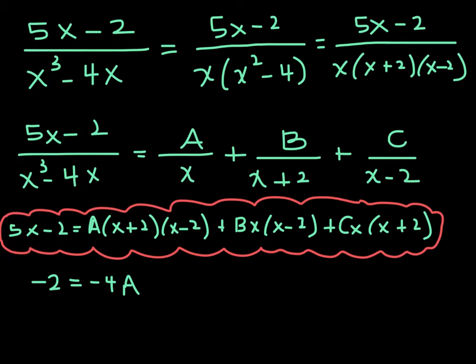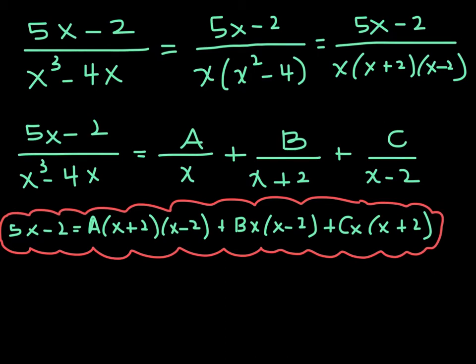When you plug in 0 for x here and here, you're just left with 2 times -2, which is -4, times A. When you plug in 0 for x, this whole term will go to 0, and the same thing goes for this term. So we can see that A is positive 1/2. So we found our first constant. Now let's go back to our identity here and find B and C.